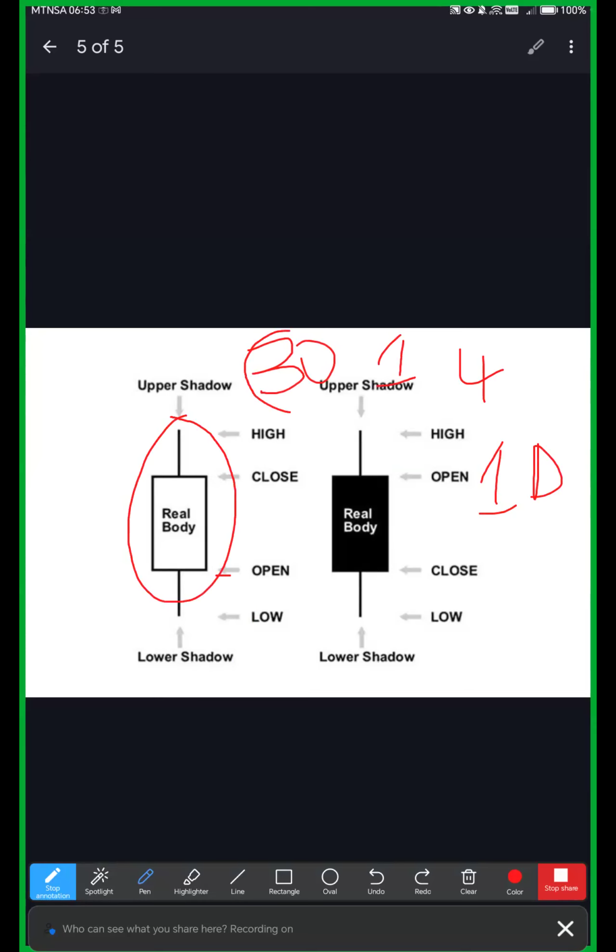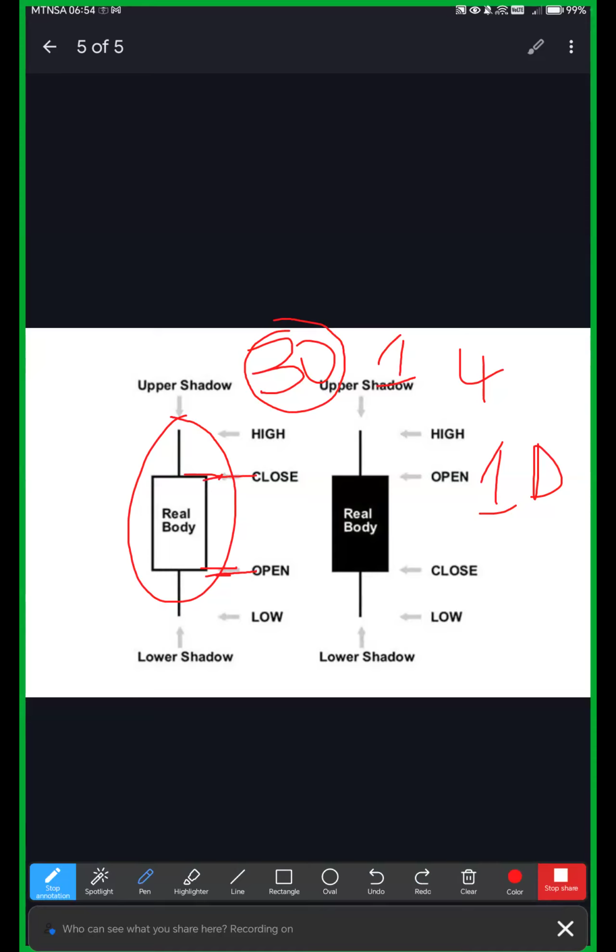So if it is a 30 minutes session, it means in that period of 30 minutes, there should be somewhere where the market is opening, and somewhere where the market is closing.